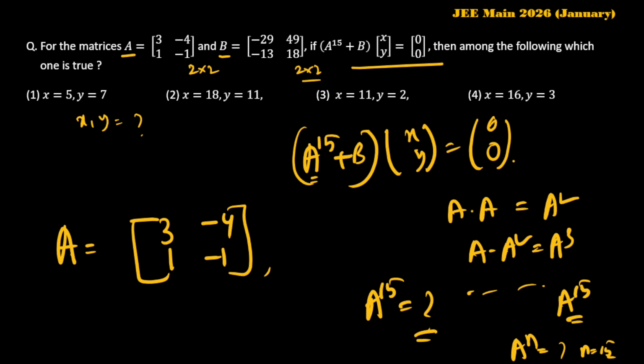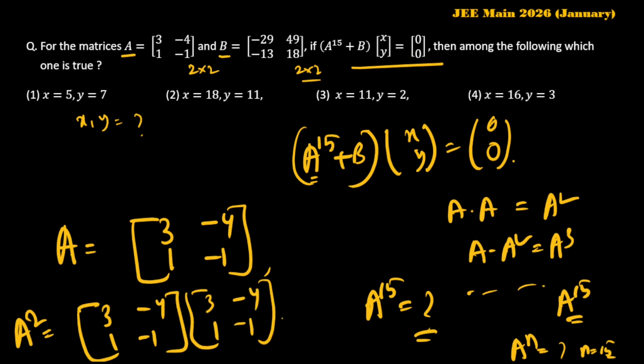A square is equal to [3 -4; 1 -1] multiplied by the same matrix [3 -4; 1 -1], which is equal to [5 -8; 2 -3]. So we got A square as [5 -8; 2 -3].